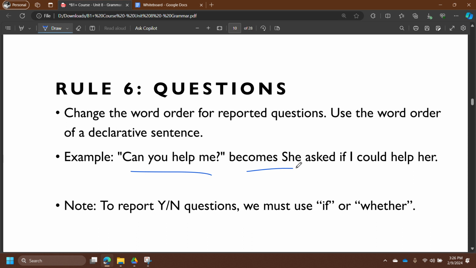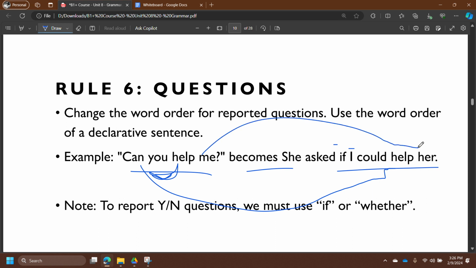We are adding if, then you change the structure again: subject goes first, I, can moves to the past and becomes could, and help is again help. Me, of course, changes to her because you're not the same person as that object. Okay, so she asked if I could help her.